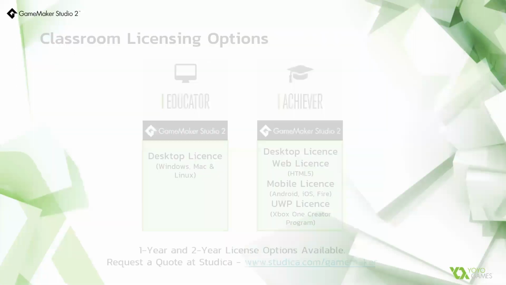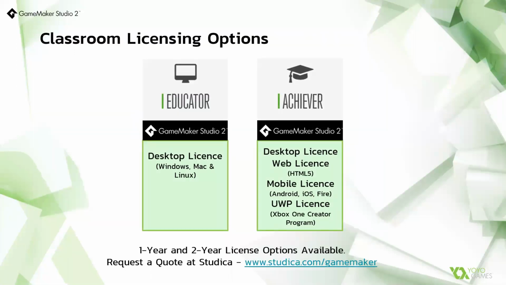Moving on to look at classroom licensing options. There are two types of license available, and these can be purchased through Studica. There's the Educator license, which is a desktop export that exports to Windows, Mac, or Linux, as we just saw.